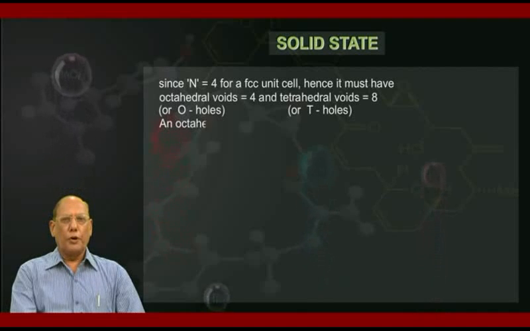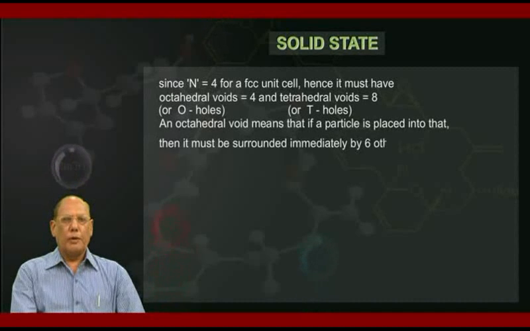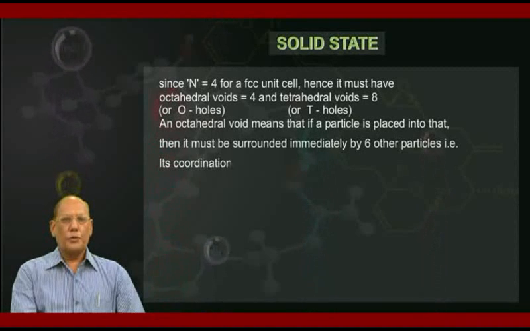An octahedral void means that if a particle is placed into that, then it must be surrounded immediately by 6 other particles. That is, its coordination number must become 6.